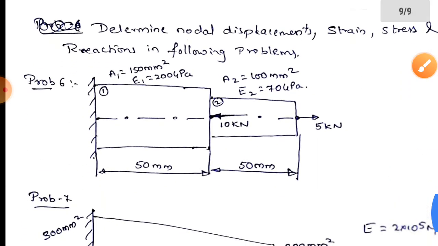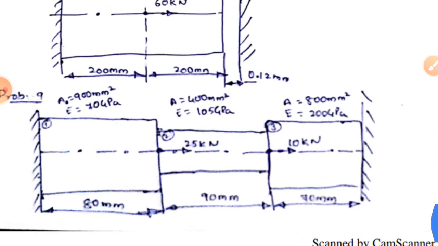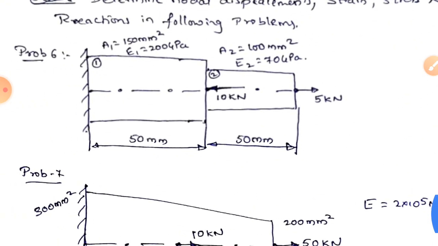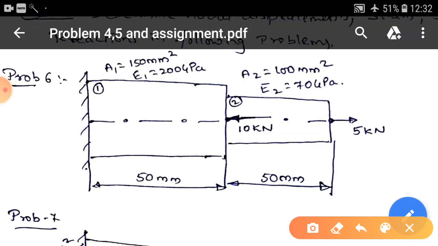Now coming to the next part. The next problems are your assignment problems. These 4 problems are assignment problems. All the things you need to determine are nodal displacement, strain, stress and reactions. Problem 6 is similar to what we have solved in problems 1 and 2. The only change is the force applied here is in the opposite direction.